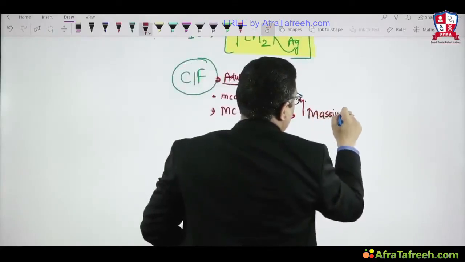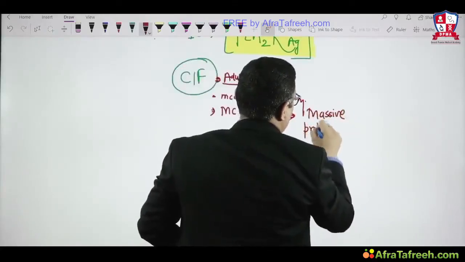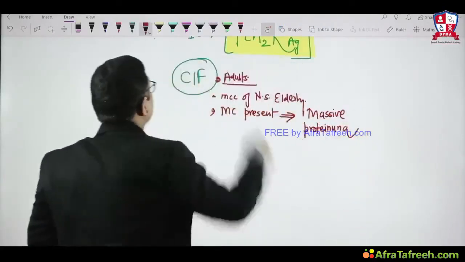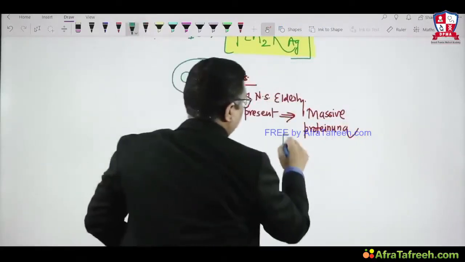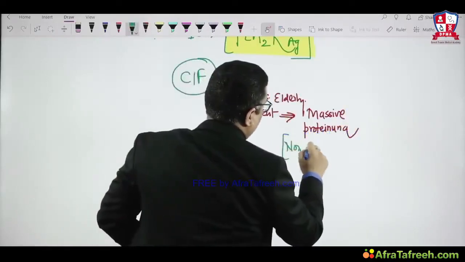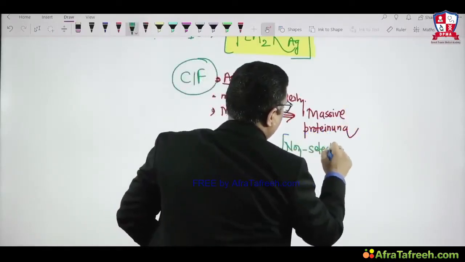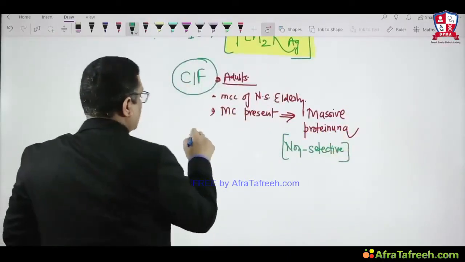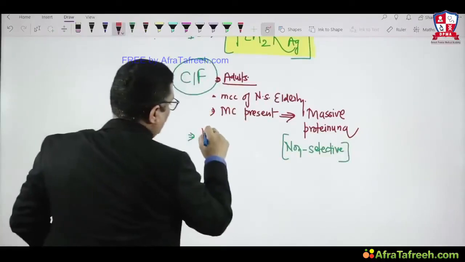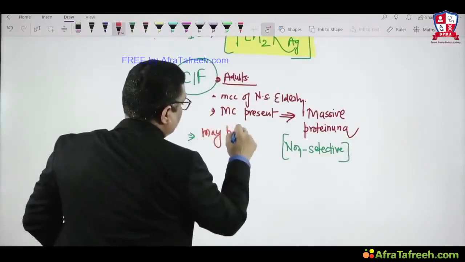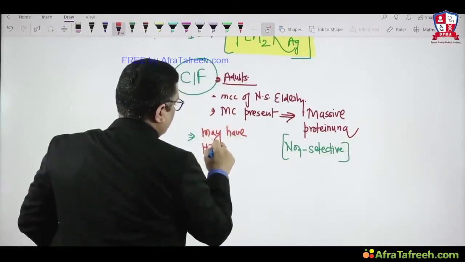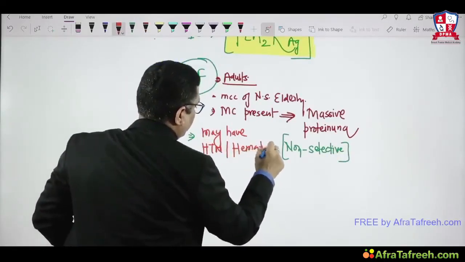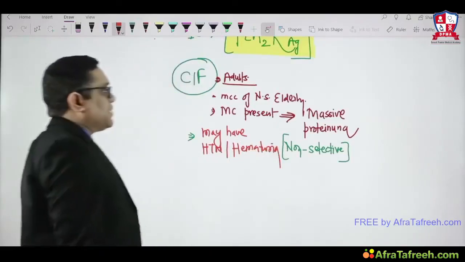Most common presentation is massive proteinuria, and remember, this massive proteinuria will be non-selective. In minimal change disease it was selective, and here it is non-selective massive proteinuria. Plus this patient may have, I'm not saying always, hypertension and hematuria.